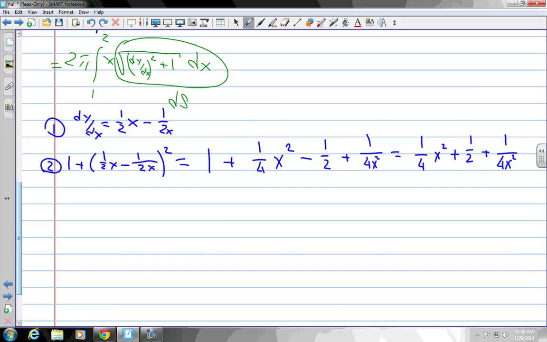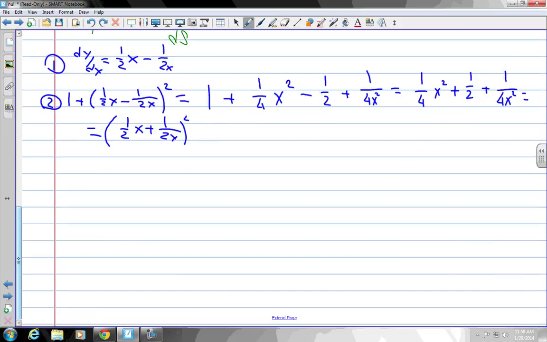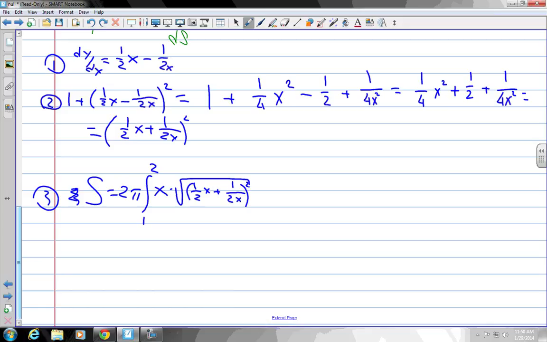Is that okay? So then it's just (1/2 x plus 1/2x) quantity squared. So now it's under the square root. You have to be very careful when you write this thing down. So it's 2 pi, the integral from 1 to 2, x times the square root of all that.